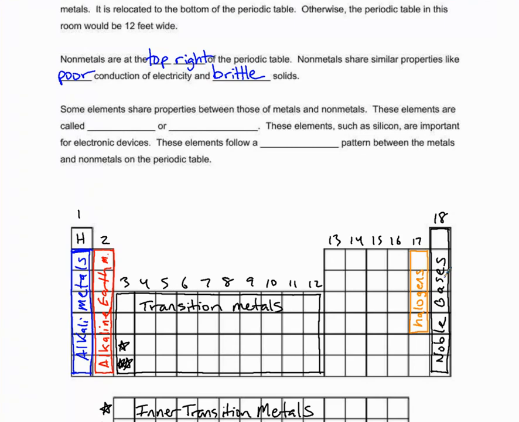Some elements share properties between metals and nonmetals. They're kind of like both. These elements are called metalloids or semiconductors. So metalloids is kind of the old name.